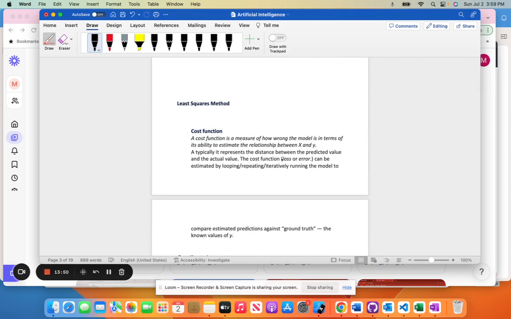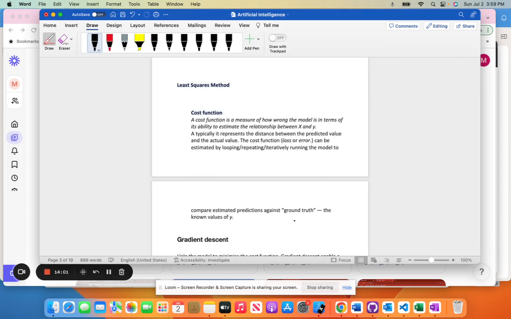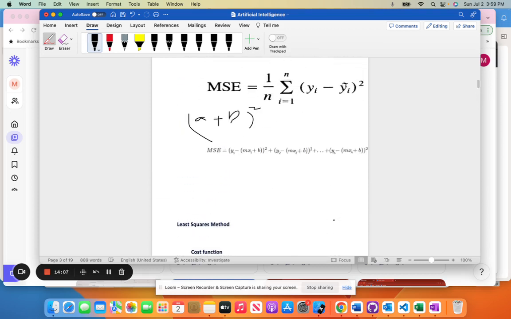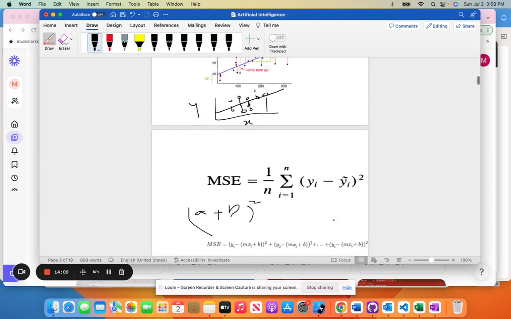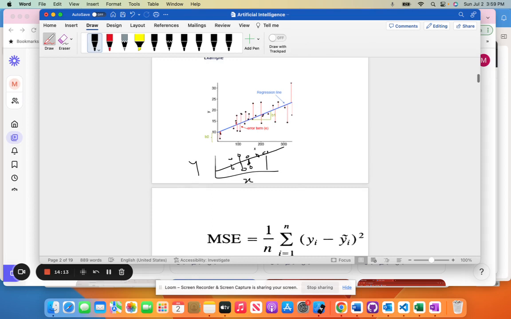The cost function, loss or error can be estimated by iteratively running the model to compare the estimated prediction against the ground truth, the known value for y. This term is a bit confusing for everyone, because I did not explain how each point is working.